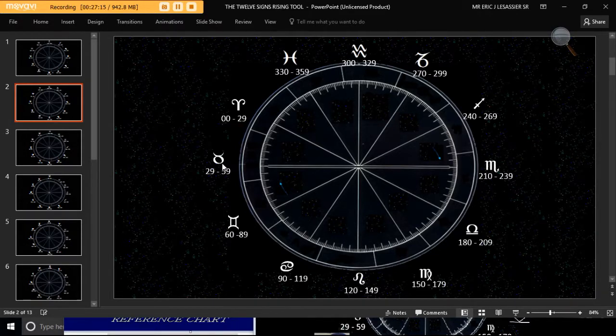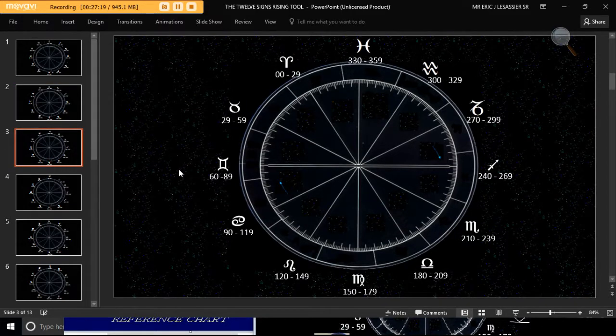Taurus is rising at this particular time, right? And this movement occurs every 2 hours. So when a person is born, they may end up with a different rising and a different midheaven. That's why astrologers tell you the rising sign and the midheaven are so important.